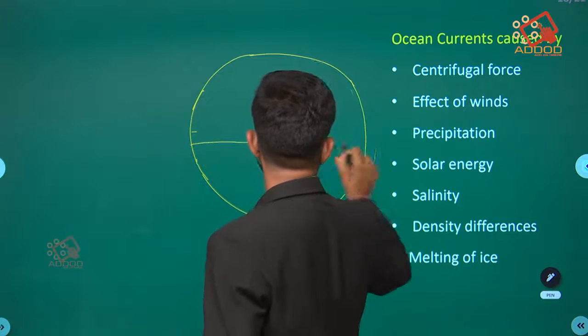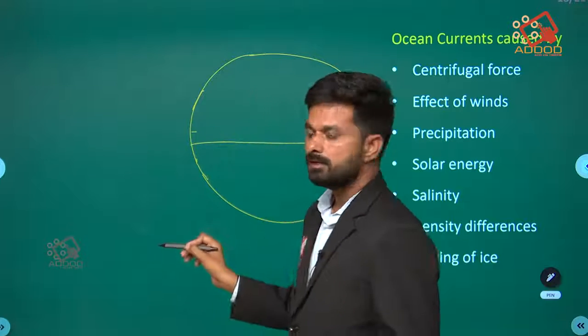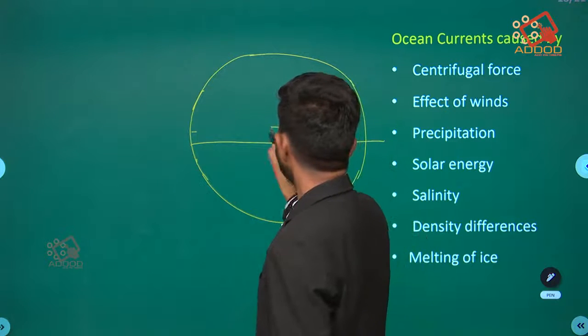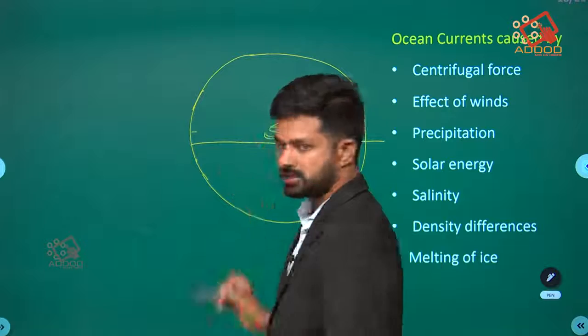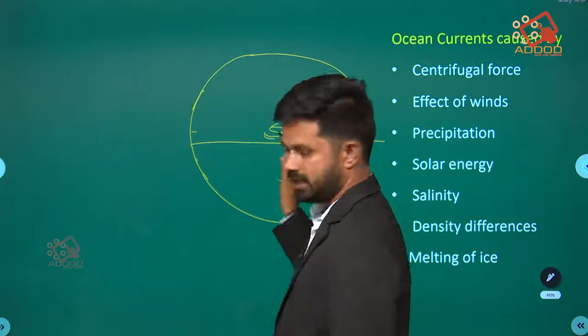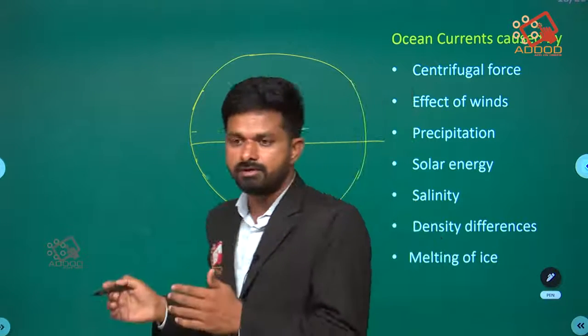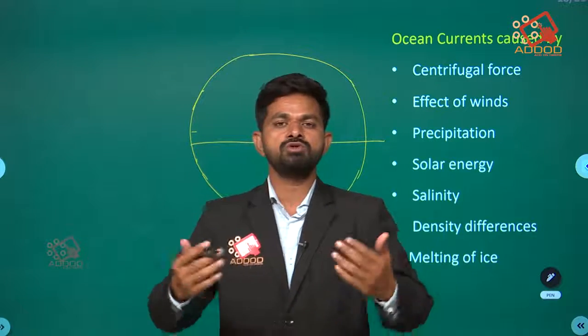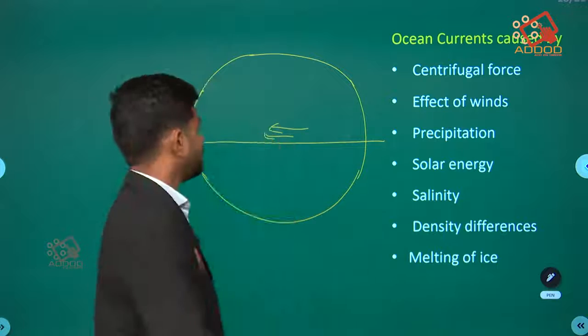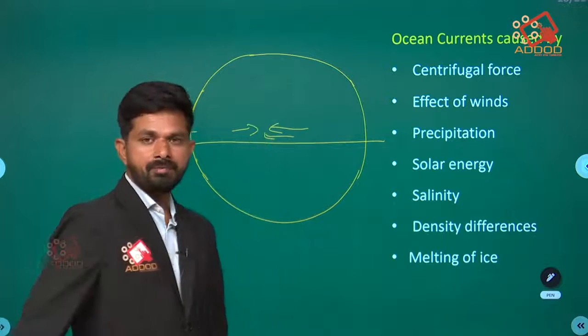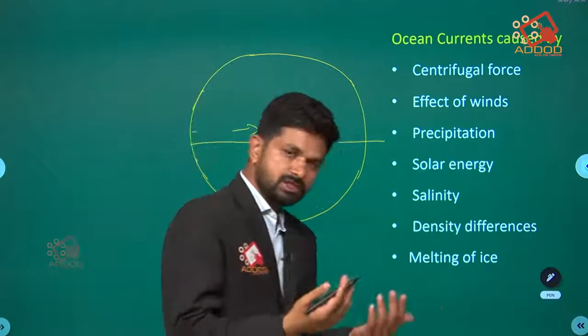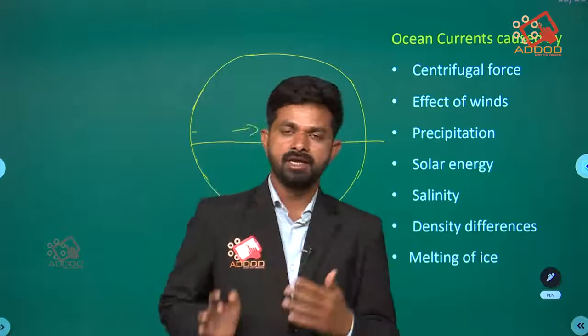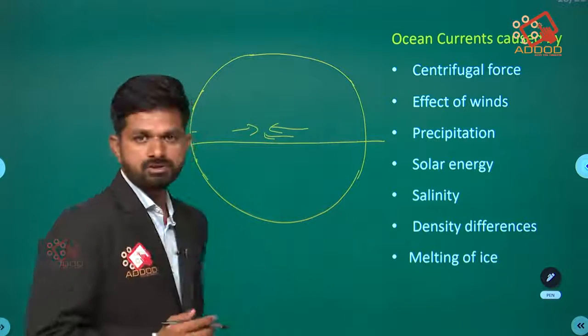If the winds are going parallel to your direction, in the same direction, then what will happen? It will add energy to you and it will be a smooth sailing. If it is the opposite, then what will happen? You need more energy to sail the same boat if the winds are opposite.